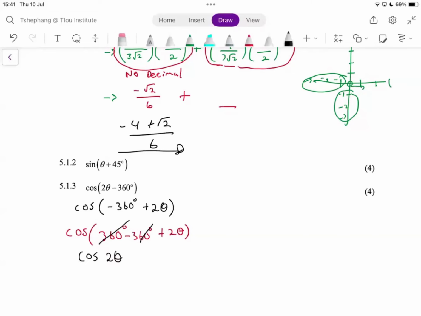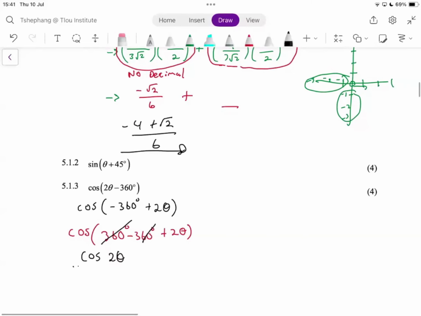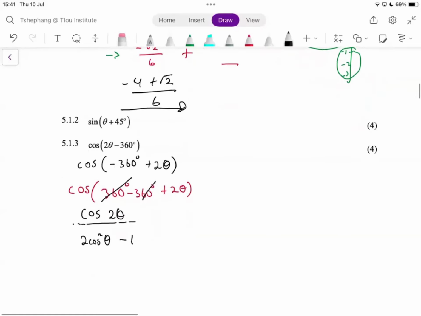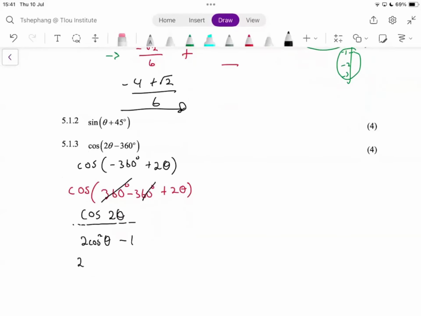Now, what is cos of 2 theta? Where are we going to get this? We're going to get it from the formula sheet. The double angle for cos. Right. I'm going to use which one? I'm going to use the 2 cos squared theta minus 1. But even if you use the 1 minus 2 sine squared of theta, or the cos squared theta minus sine squared of theta, it was still going to work out. Once I have this, it's just a matter of substitution.